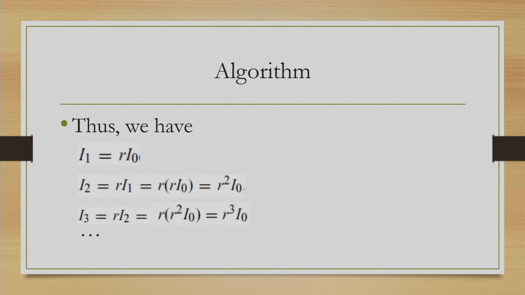In other words, we can express all intermediate values in terms of the lowest value. So, I1 we can represent by R I0, I2 similarly by R square I0, I3 by R cube I0, and so on.